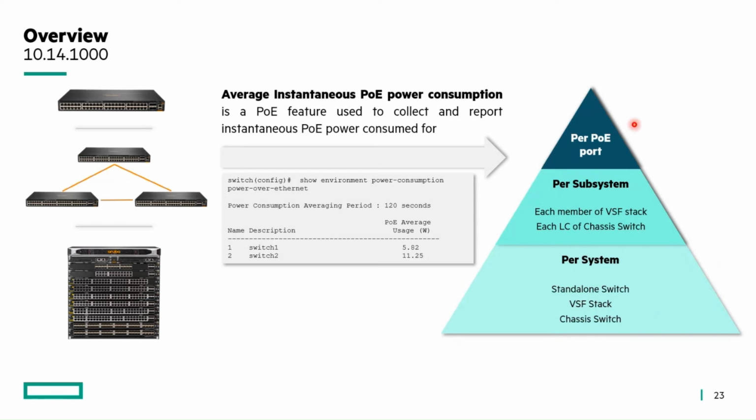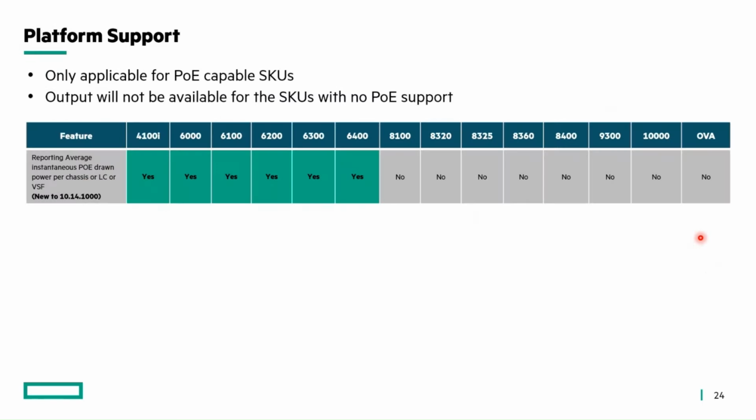So this command is going to display all those details for all the different levels you have in your network design. Here is a list of platforms that currently support this command. For the SKUs that support PoE, this command is available and can be used.